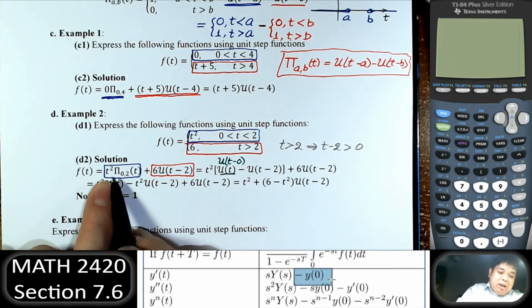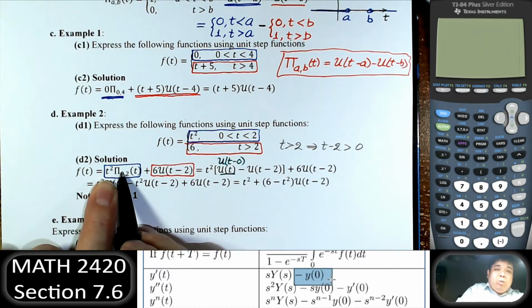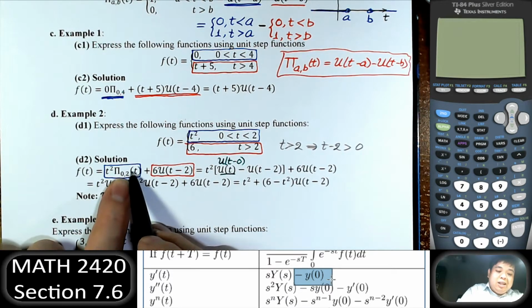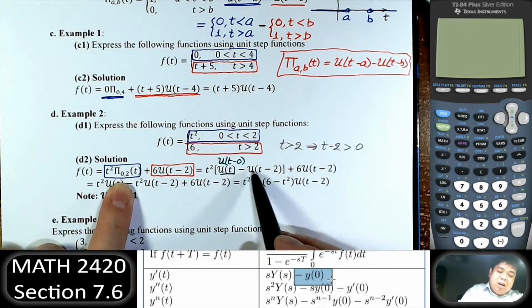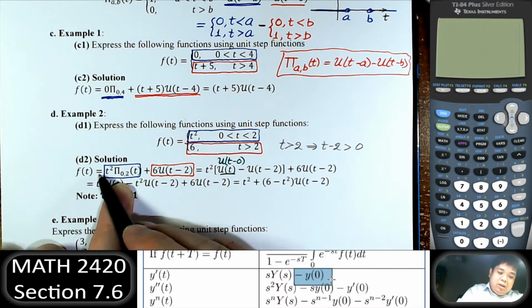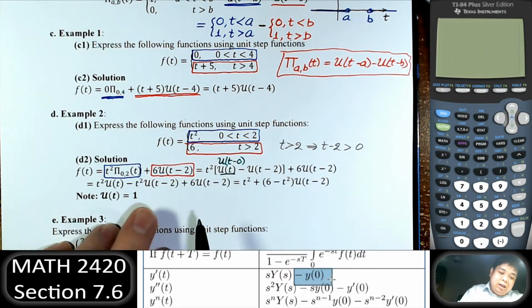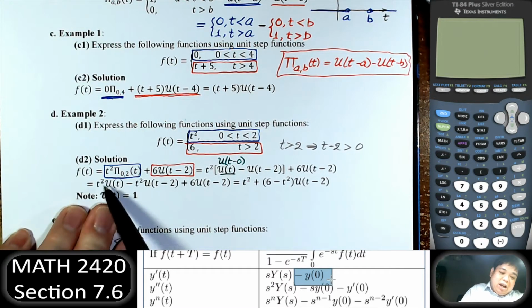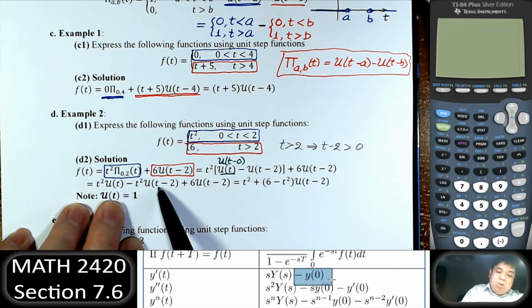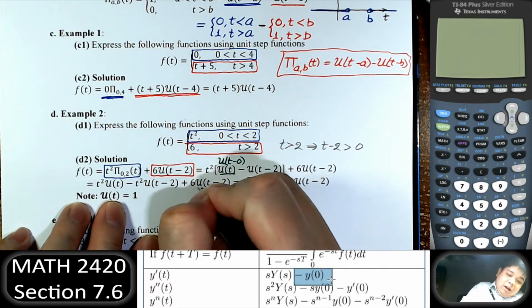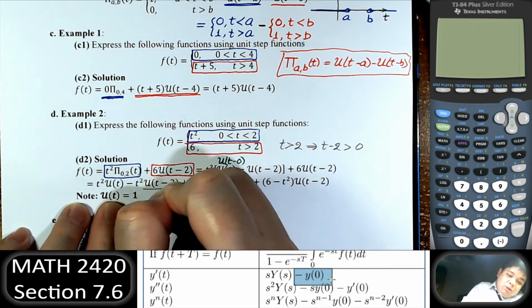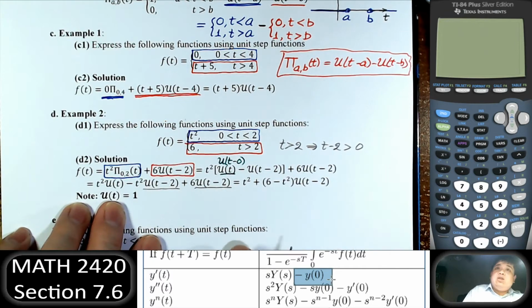So for t squared, the window would be u of t minus 0 minus u of t minus 2, right? Then times t squared. So we multiply through: t squared u of t minus t squared u of t minus 2, plus 6 u of t minus 2, and then we factor out the common factor u of t minus 2, and that's what we have.